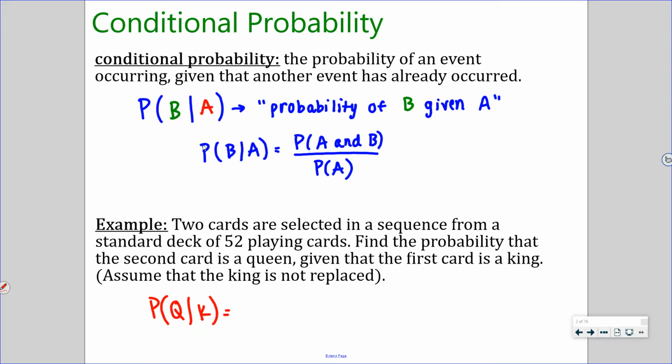Okay, so like I said, I don't use that formula a whole lot. I just logic my way through it. So I ask myself, how many queens are left divided by my total number of cards left? And the only condition you have to remember is we no longer have 52 cards left. Since I drew a king and it's not replaced, how many cards do I really have left? 51.